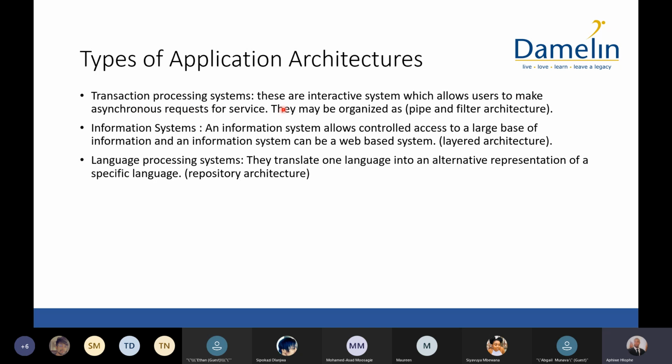Okay, so pipe and filter, we have a transaction processing system. For example, if we're talking about an ATM system processing a transaction, there's a different component that handles validating the card. There's a different component that handles the printing of the receipt after you've performed the transaction. There's different components that handle communication with the database server. So all of these components, okay, you refer to them as filters.